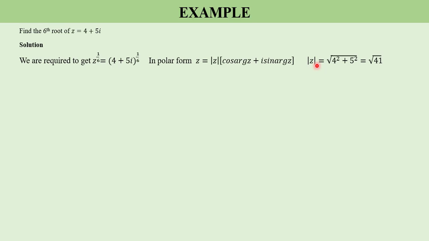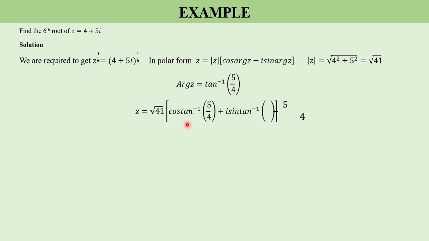The absolute value of z is the square root of 4 squared plus 5 squared, where 4 is the real part, so we square the real part, and 5 is the imaginary part, so we also square the imaginary part, which gives us the square root of 41. Then the next step is to find the angle. So arg of z is equal to tan inverse of 5 over 4, which is the imaginary part divided by the real part.